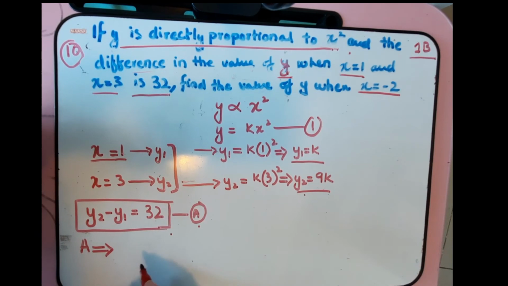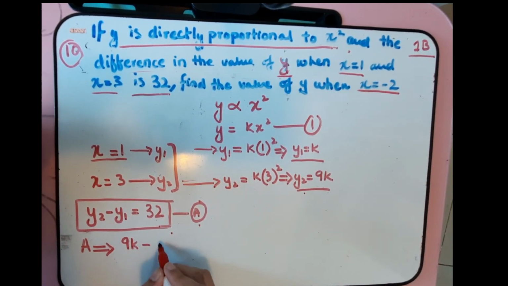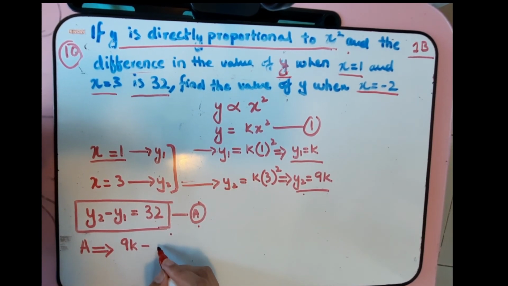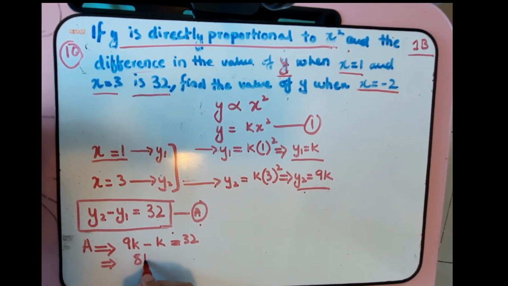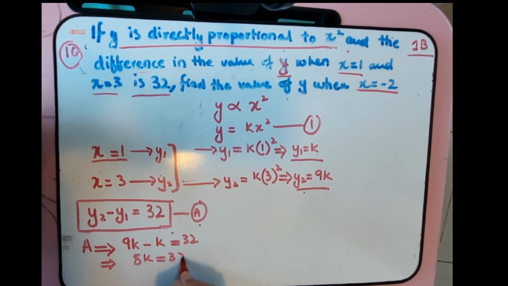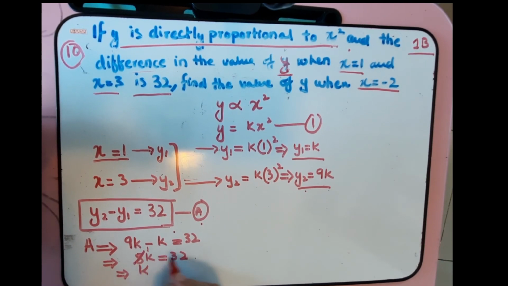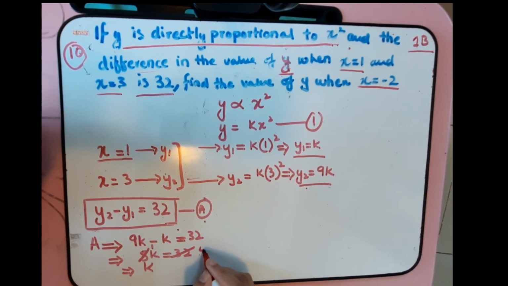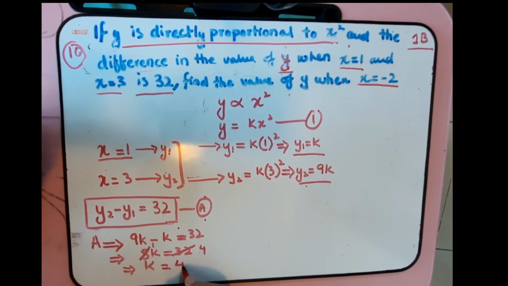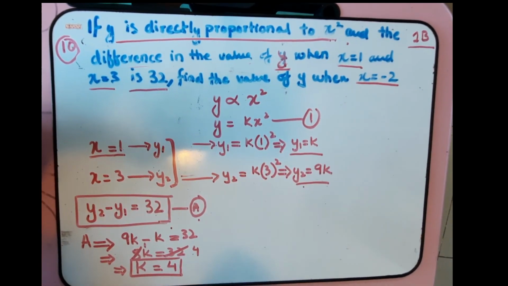So right now y2 is 9k minus k is equals to 32, so 8k is 32, and k is equals to 4.